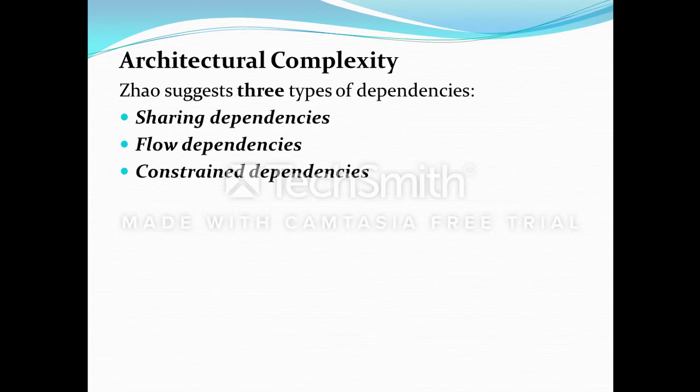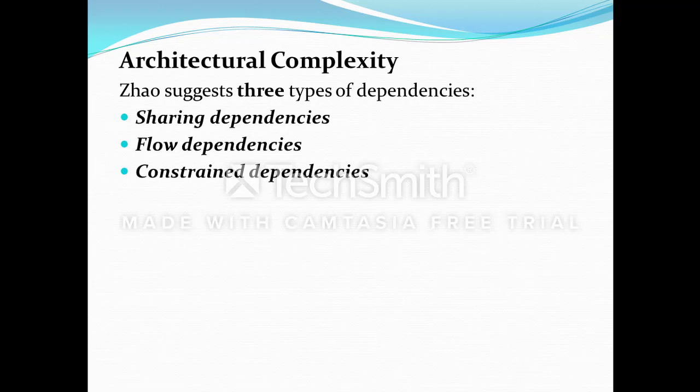Two consumers use the same resource to consume the data, so two consumers depend on the same resource for sharing the data. These are considered sharing dependencies. Likewise, two or more producers who produce for the same consumer are also taken as dependencies. Those come under the sharing dependencies.